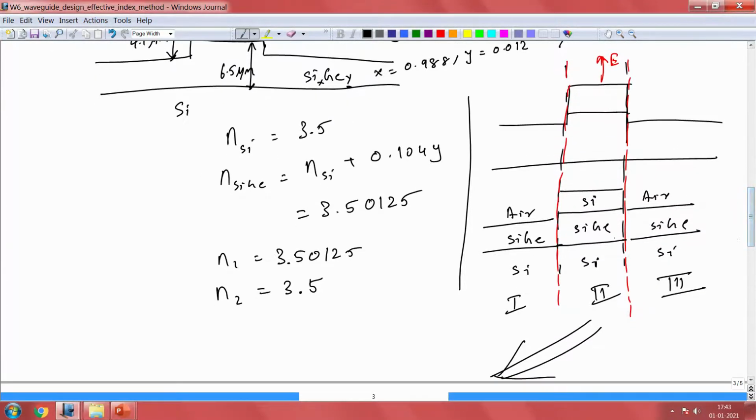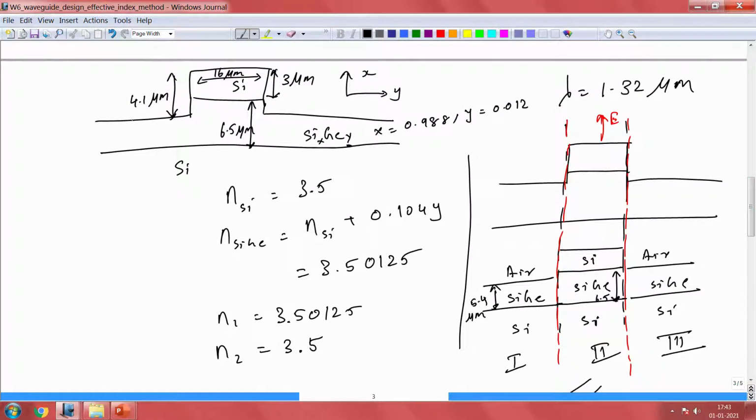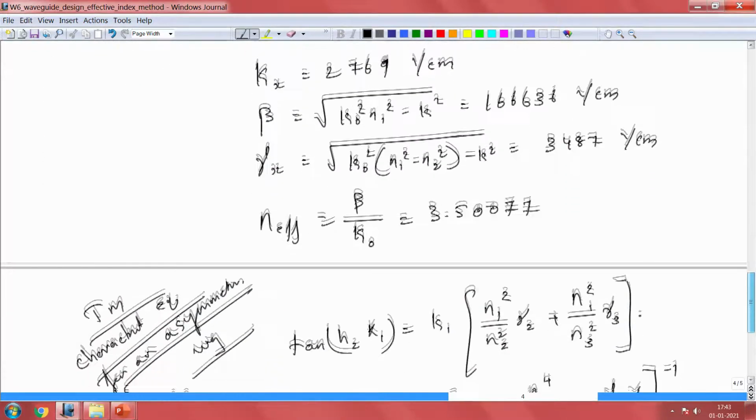We are only considering silicon germanium because silicon is considered as a symmetric waveguide, so we only consider this thickness. So this is 6.5 micron. In this case, the shoulder height is 5.4 micrometer. That is something that you can get.